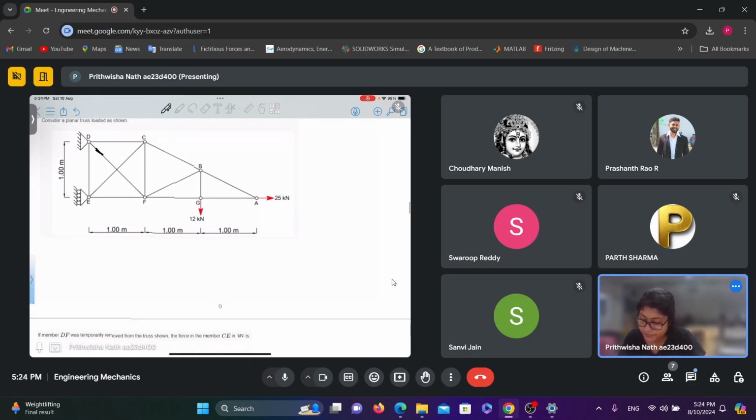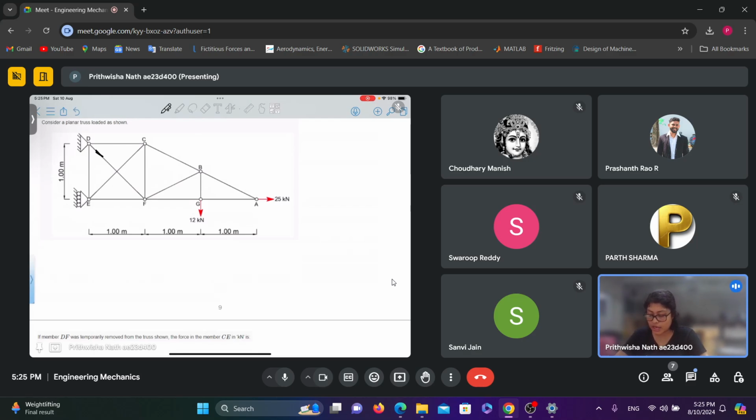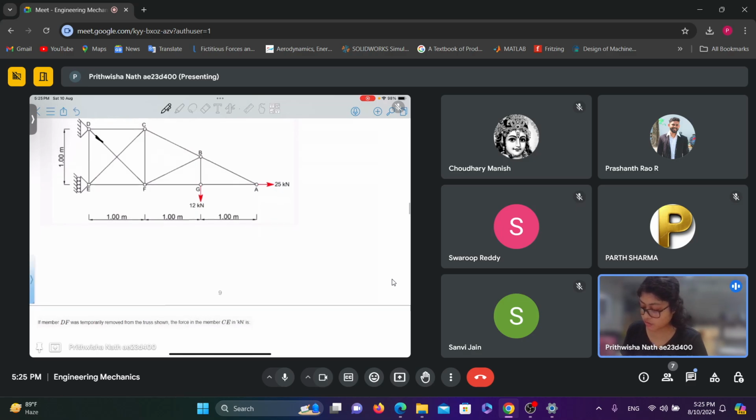This is the complete problem: if member DF was temporarily removed from the truss, the force in the member CE in kilonewton is. So I'll draw the truss without the member DF.